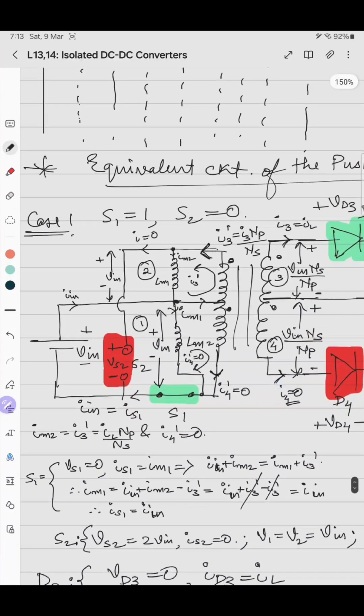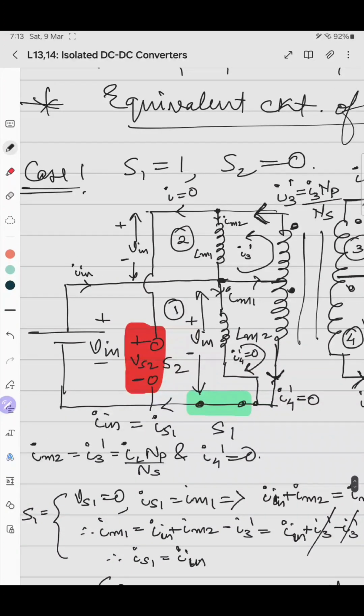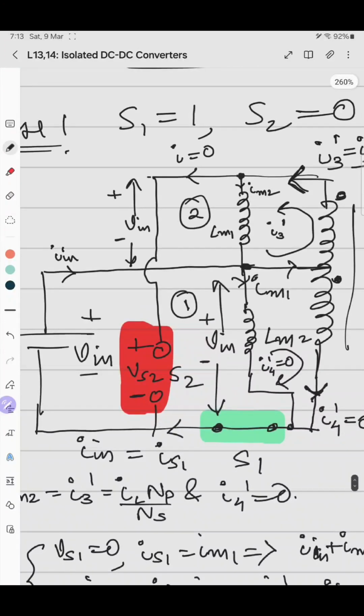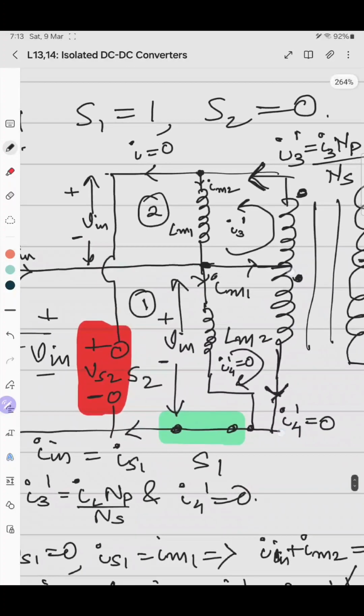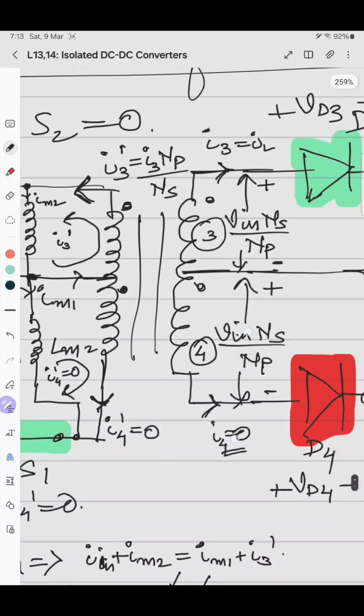So when S1 is on, the Vin is connected across the bottom primary, or here you can see the number 1 winding, the below winding. And S2, the above winding, is off. So the voltage across VS2 when S2 is off: first, this Vin is applied across the bottom primary, so Vin is seen here. Similarly, corresponding to 1, the voltage induced at the fourth winding is Vin into Ns by Np.